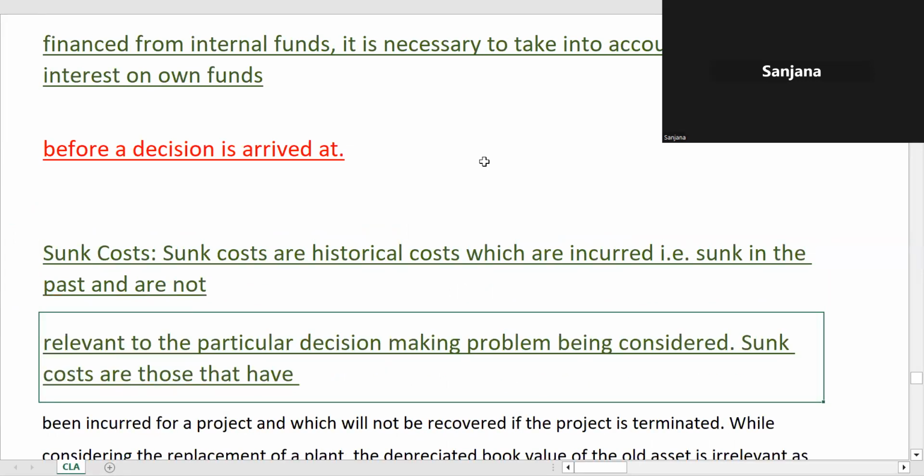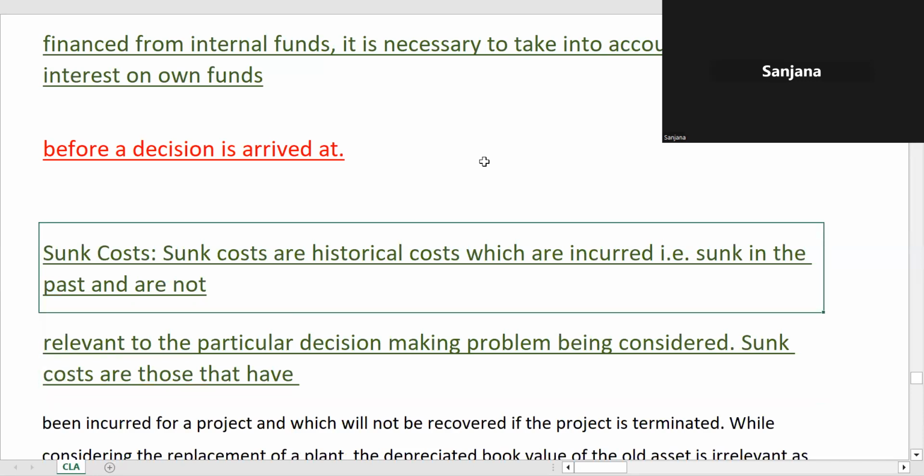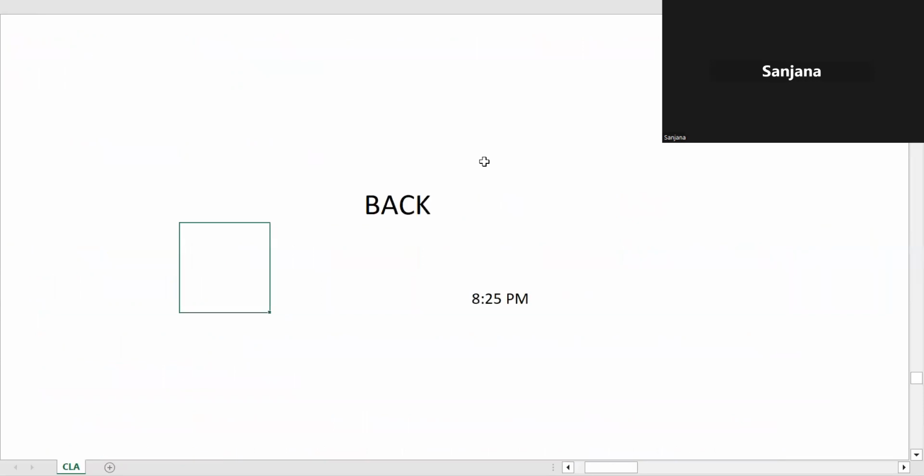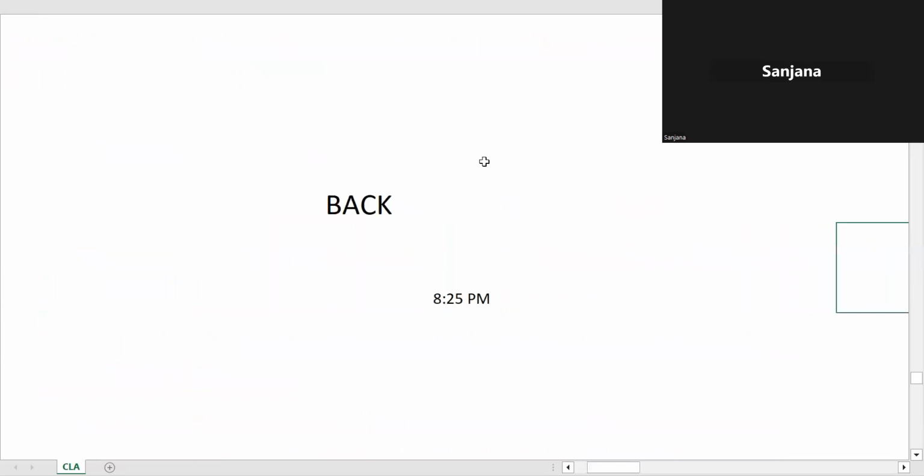You've already incurred it. Sunk cost is something which you have already incurred in the past, hence it is not useful for the current decision.